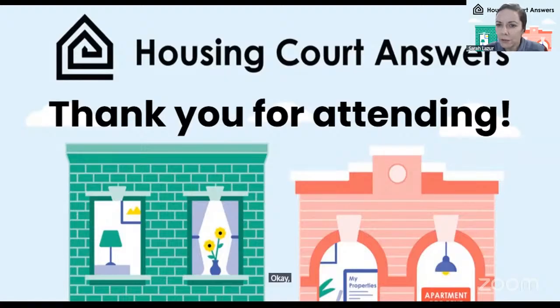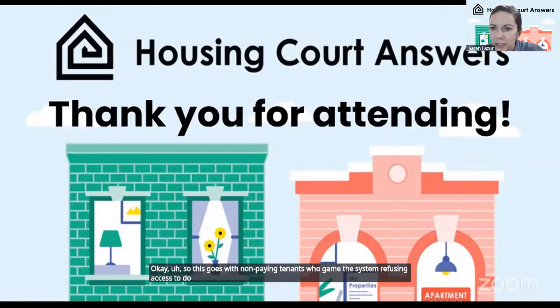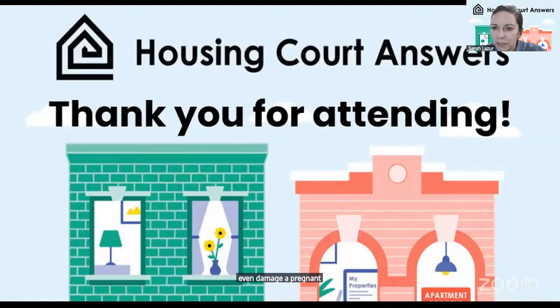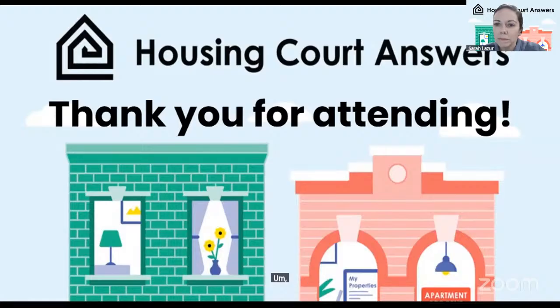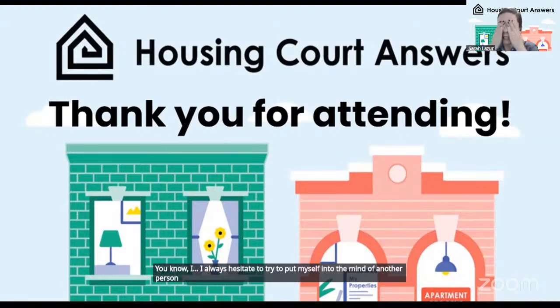Okay. So this one is about non-paying tenants who game the system, refusing access to do repairs, even damaging the apartment, calling 311 to increase violations and bolster grounds for non-payment. I always hesitate to try to put myself into the mind of another person.